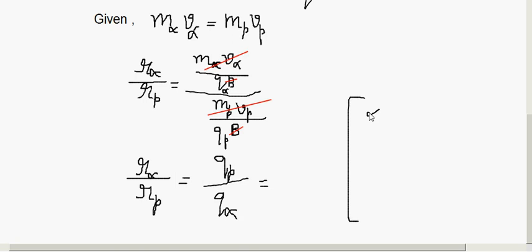We know the alpha particle has 2 protons and 2 neutrons.